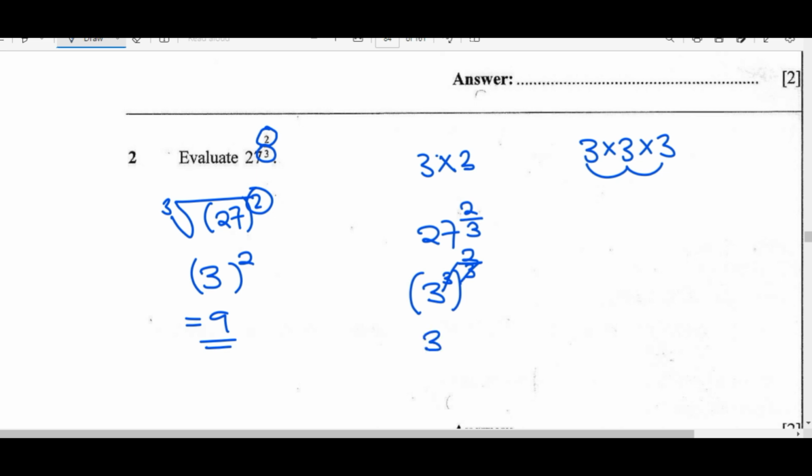So it will be 3 in brackets, that is 2, and the answer also there is 9. So that is how to evaluate 27 raised to the power 2 over 3.